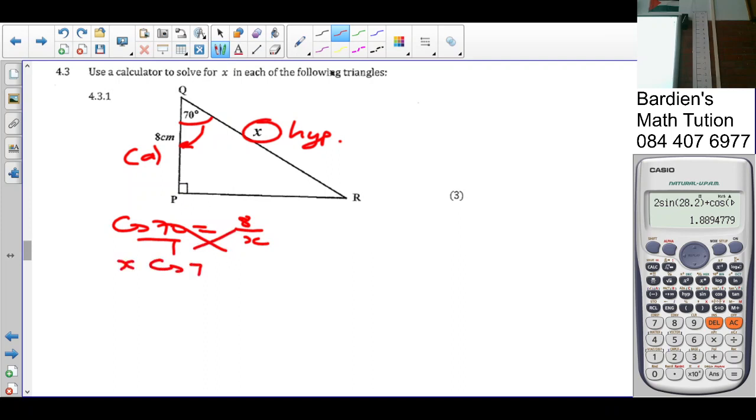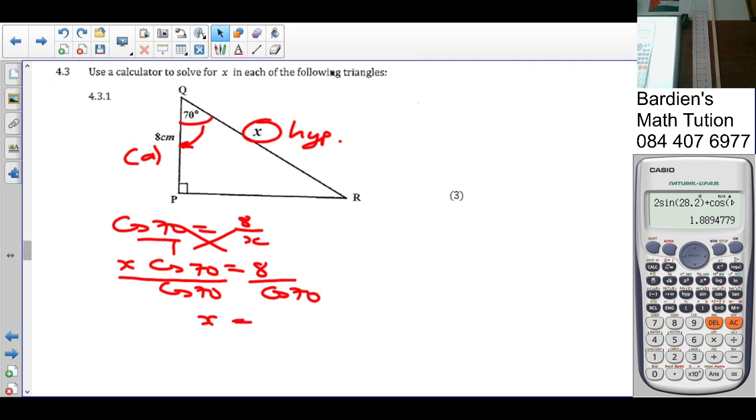So x cos 70 equals 8. Divide by cos 70 on both sides. So x is equal to 8 over cos 70 in the calculator. That gives us 23,39 centimeters. Any confusion here? No?